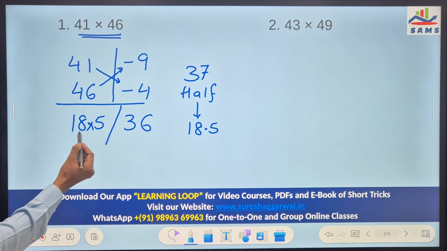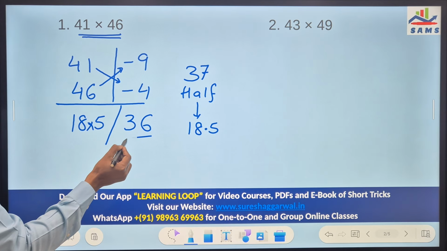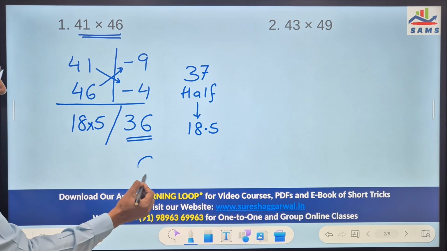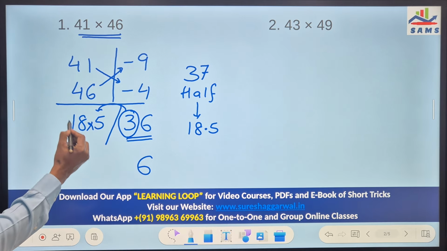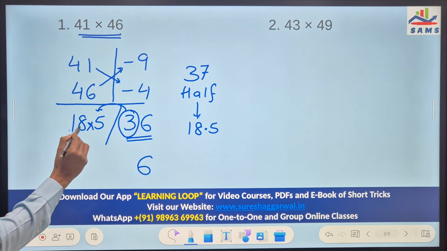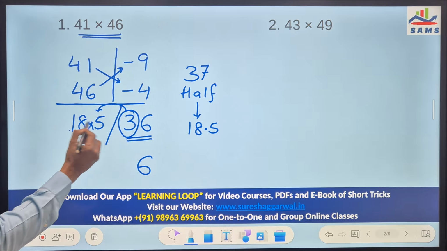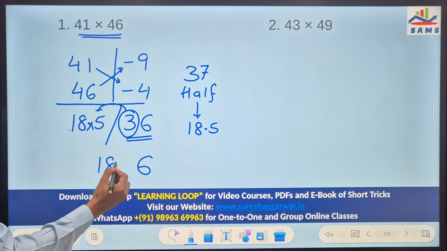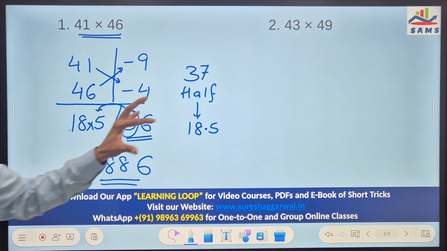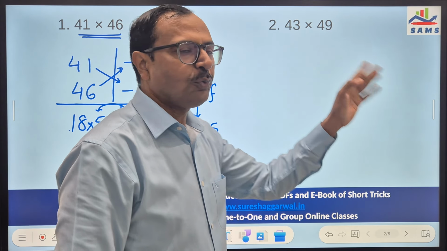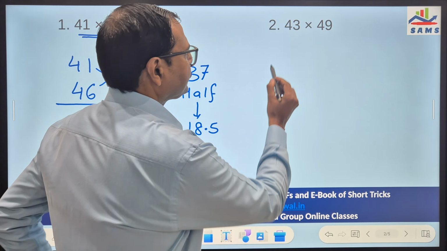So this becomes 185. Now since it has two digits here, retain the unit digit, and this tens digit is to be carried forward to 185. So 185 becomes 188, and if you write 188 here, this will give you the product of 41 and 46. It is 1886.